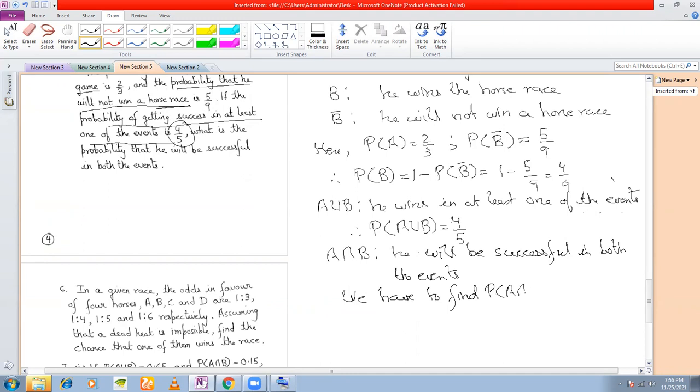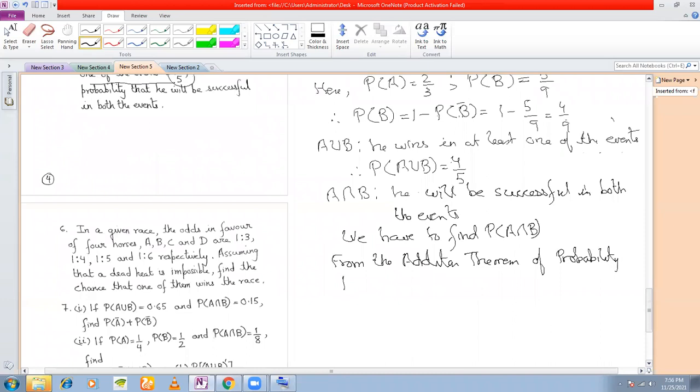Yes. So from the addition theorem, you can find it very easily because everything is given to you. So from the addition theorem of probability, P(A union B) is equal to P(A) plus P(B) minus P(A intersection B).